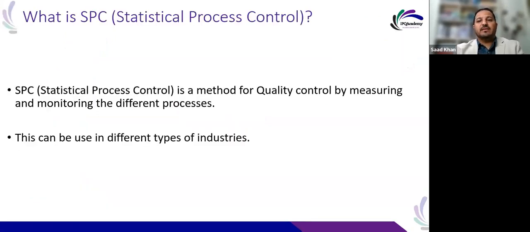The first basic definition: statistical process control is a method of quality control by measuring and monitoring different processes.